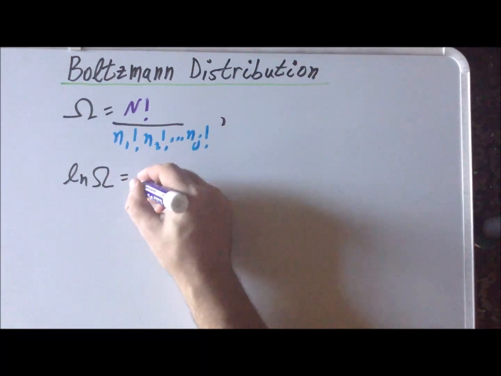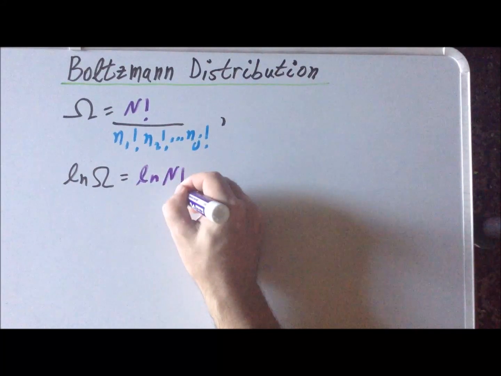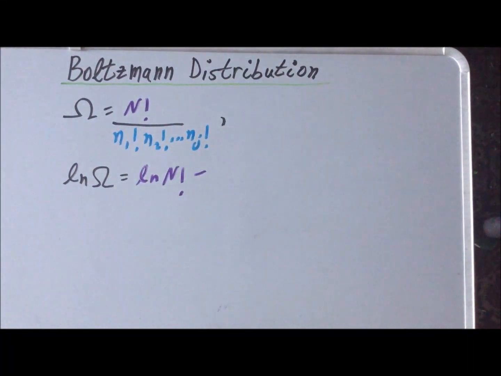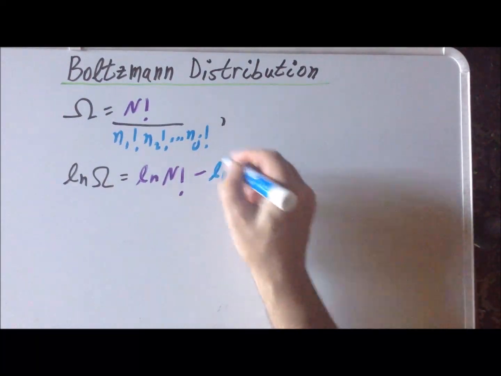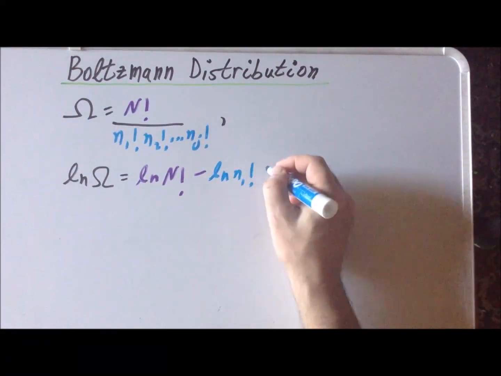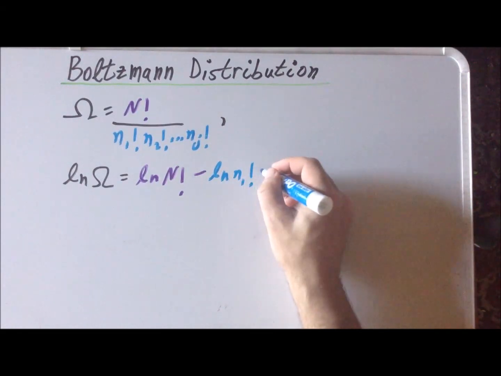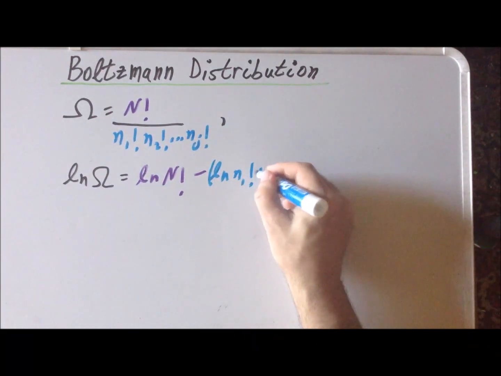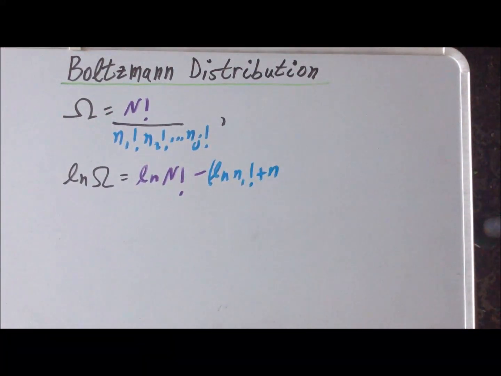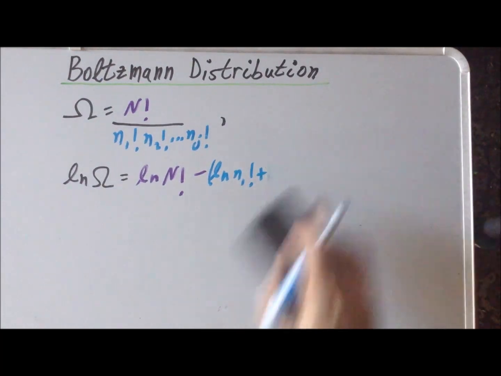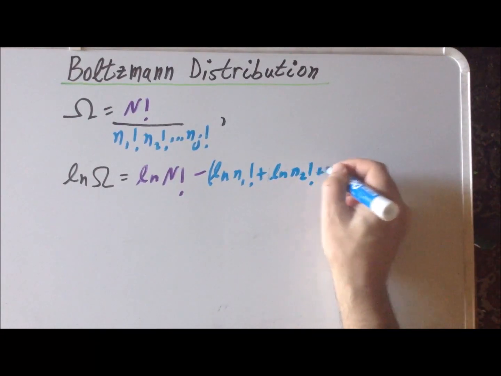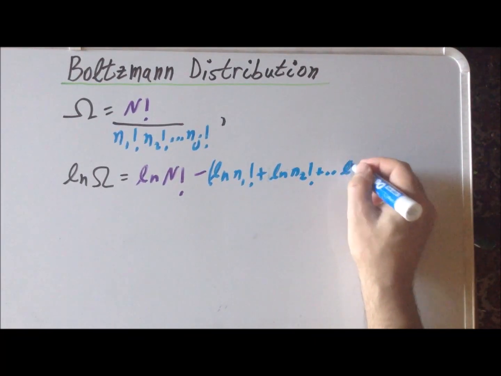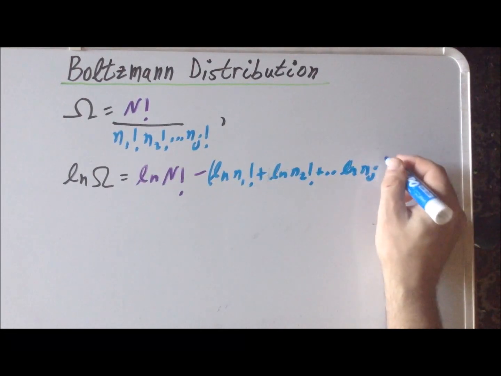So this gives us, in the numerator, the natural log of big N factorial, minus the natural log of n sub 1 factorial, plus the natural log of n sub 2 factorial, and going up to the natural log of n sub j factorial.